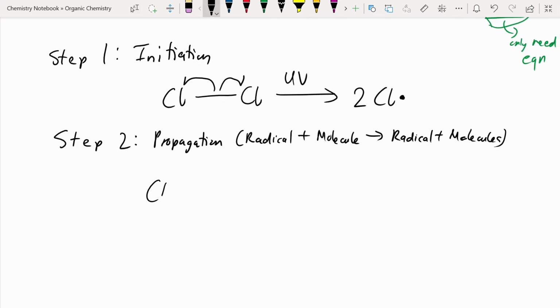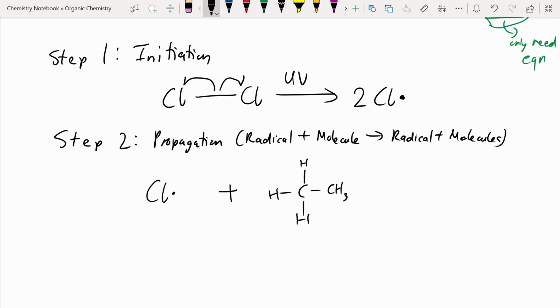This chlorine radical, since it's so reactive, will always go to react with a molecule, because it has a strong tendency to pair up with an electron of another species. So this is ethane, and no, we do not need to draw the whole thing. We can just express it like this, because all we need to care about is the first carbon.